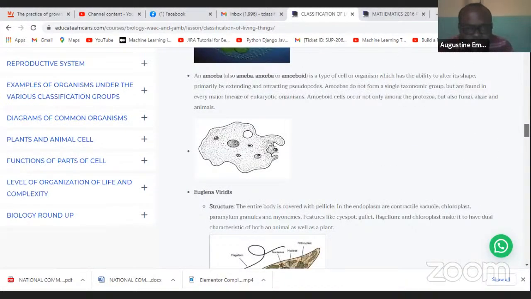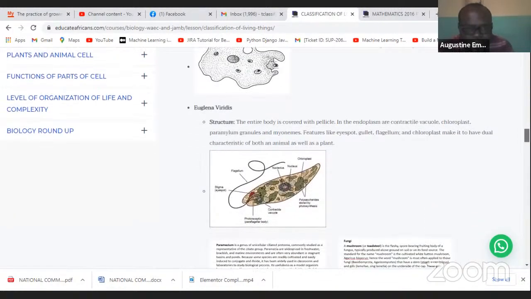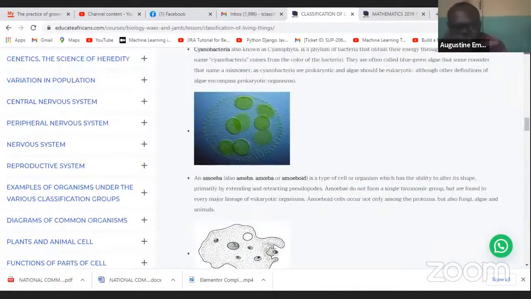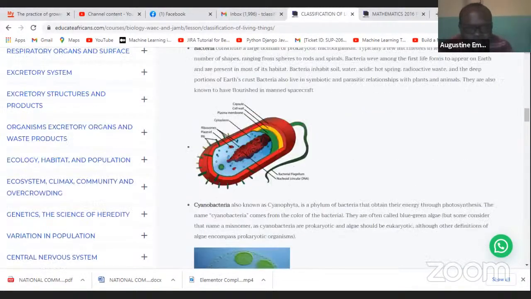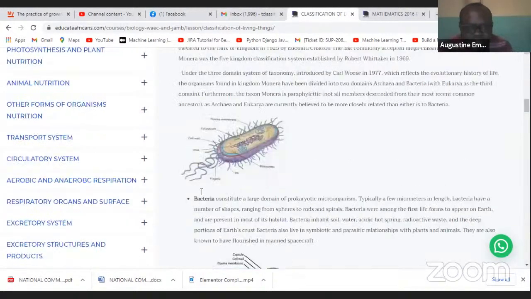Please take note of the shape of this amoeba. And this Euglena viridis, you're always going to see this. In case you're given this diagram, you should be able to know. Please take note. I want us to look at these various organisms.